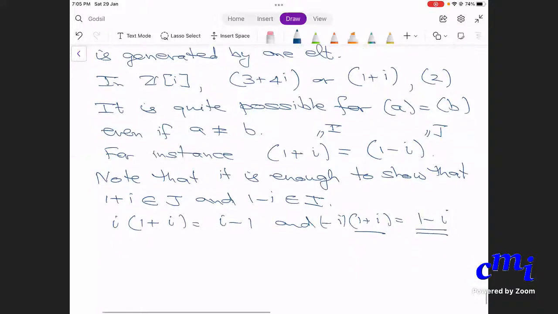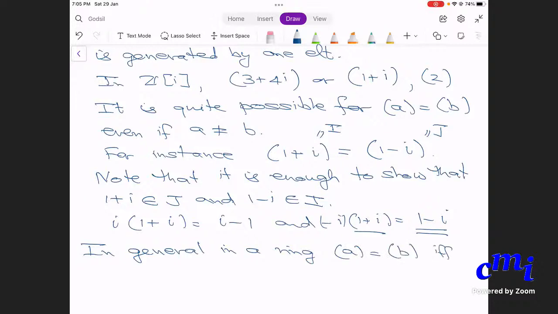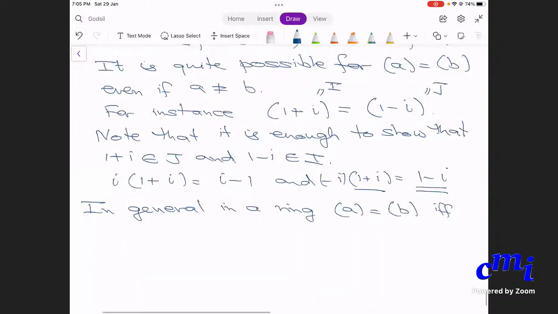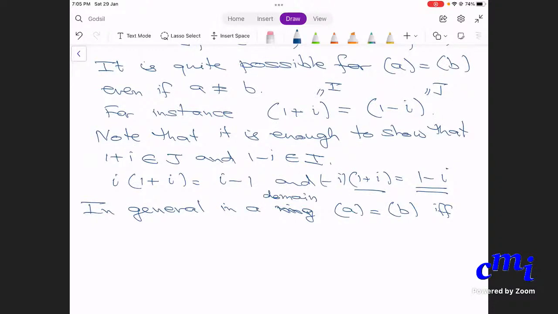So in general, in an integral domain, it's probably true otherwise also, the ideal generated by A is equal to the ideal generated by B if and only if A is equal to UB for some unit.